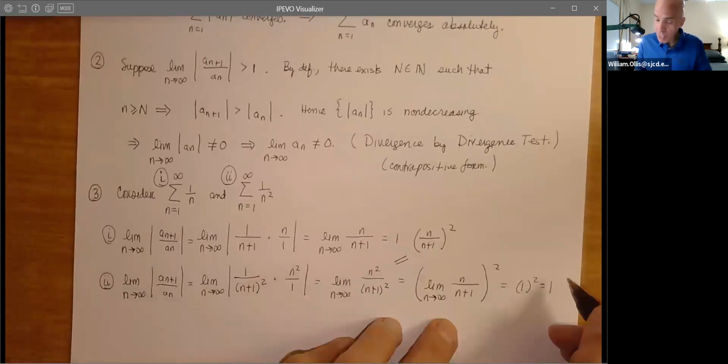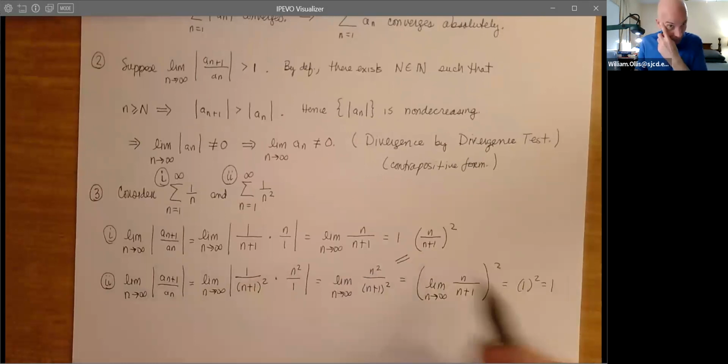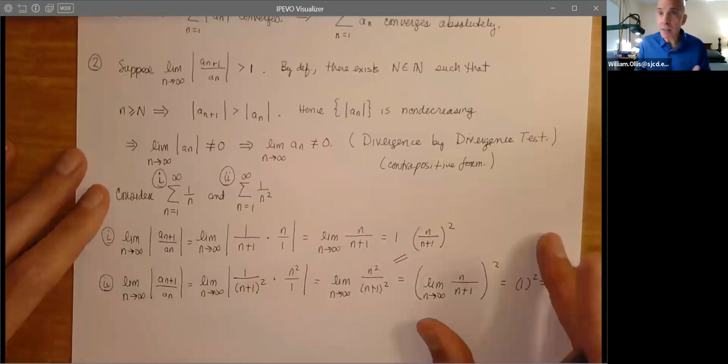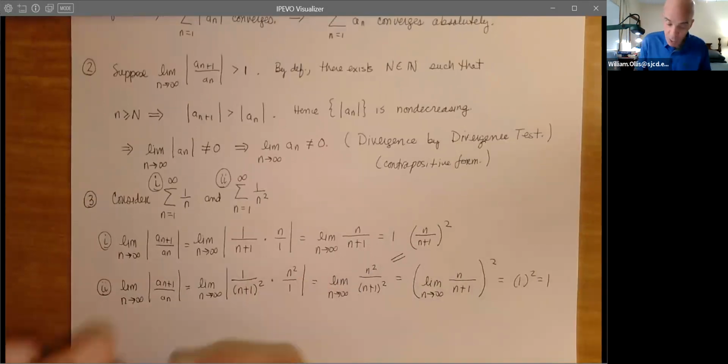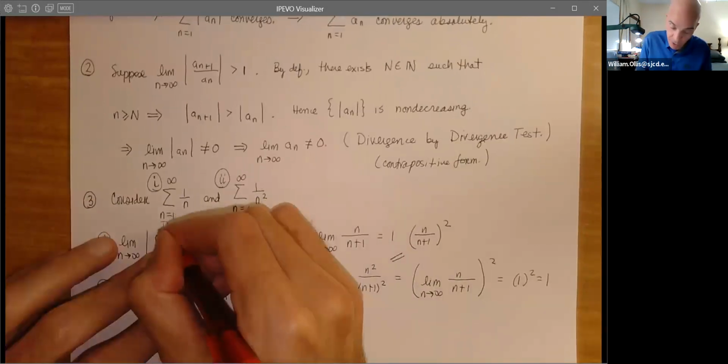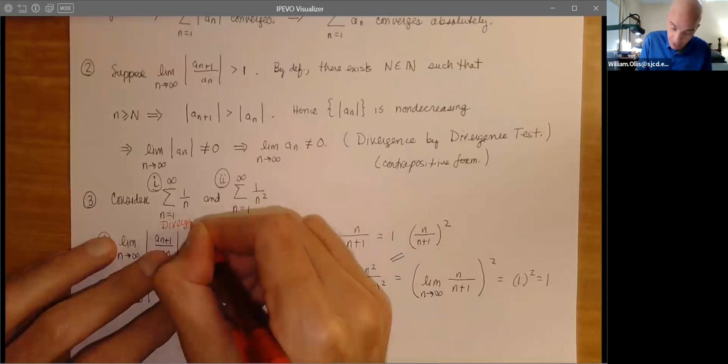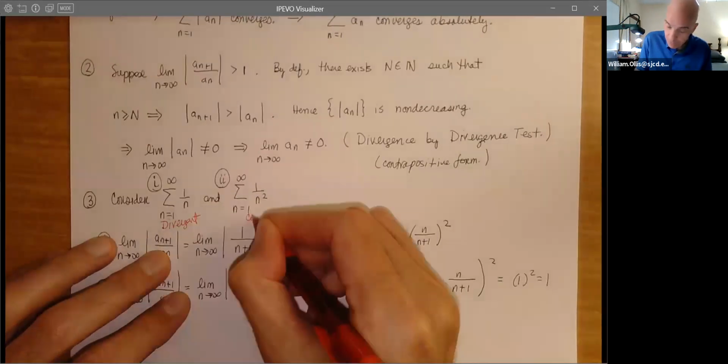So what we're seeing here is that it doesn't provide a clear conclusion, because we know this is our famous divergent series, and this is convergent.